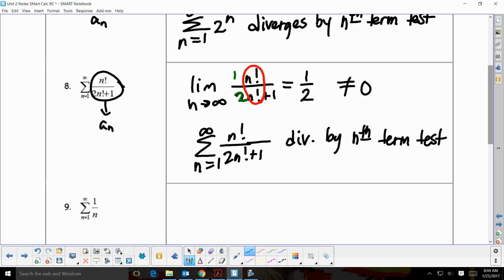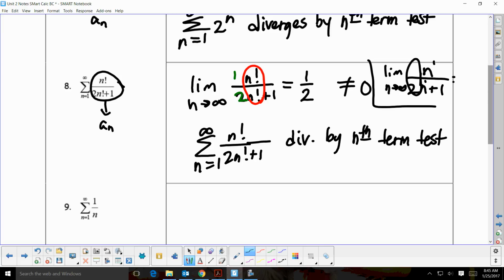Okay, so if I had n over 2n plus 1, and I was taking this limit as n goes to infinity, what would you tell me the answer is? So remember when we looked at the powers, bigger on top, bigger on bottom, or the same? They're the same, so we take the coefficients to get the answer.